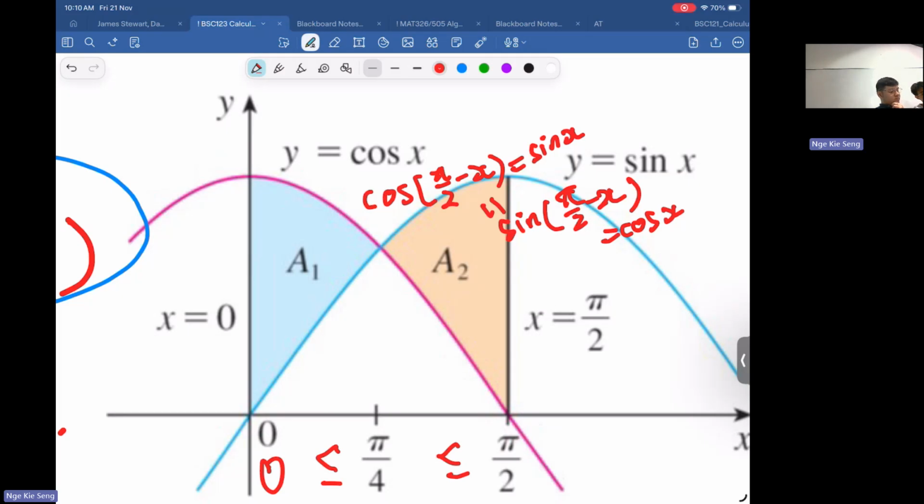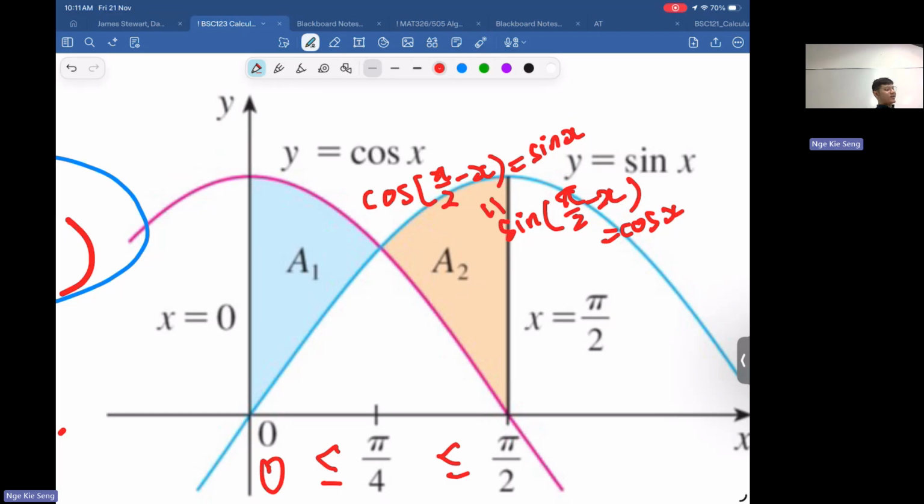So these two values are equal and they intersect with each other halfway. So because of it, it's symmetric. I don't know. Do you want to try and write it out and then send me?